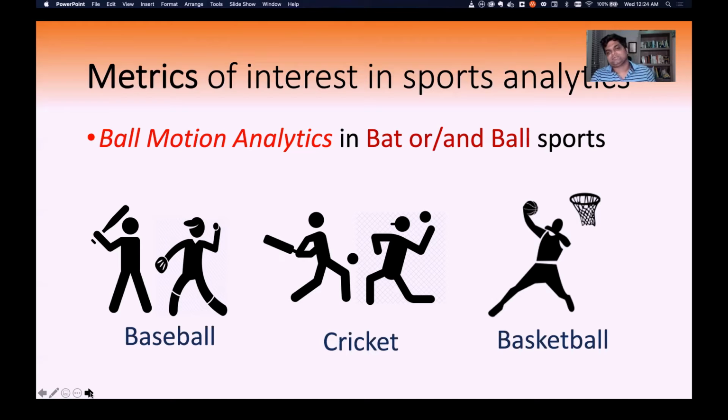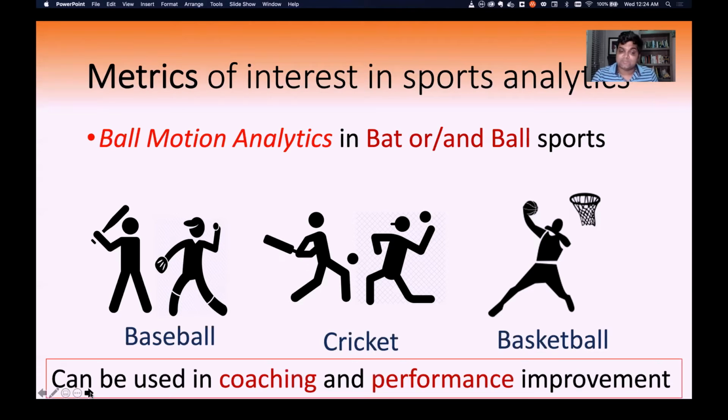We can look at the motion of balls of different sizes to know how the player is performing. This can be used for coaching and performance improvement, and we can provide personalized coaching service to an expert or a novice player.